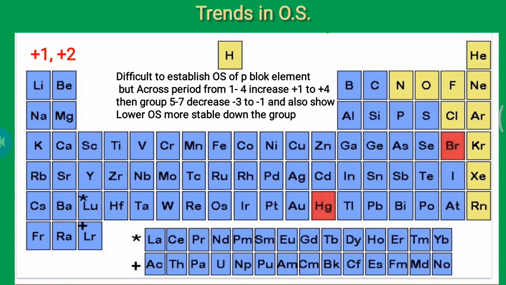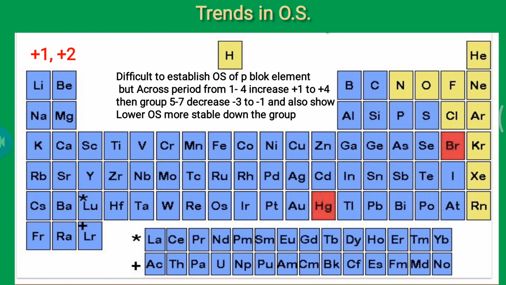In the p block, boron, carbon, nitrogen, fluorine, aluminum, silicon, phosphorus, sulfur, chlorine, it is difficult to establish the oxidation state.